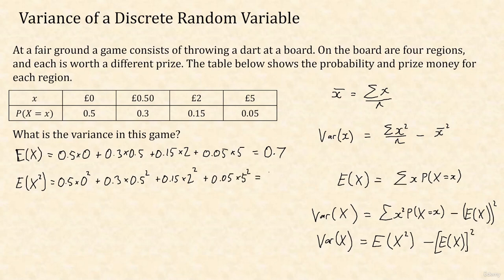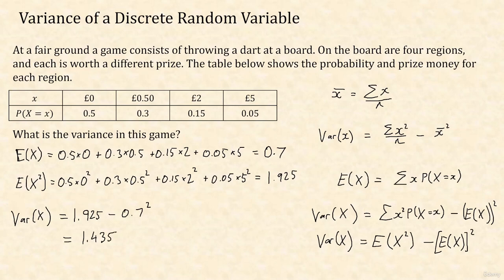When I do this, I get 1.925. So the variance is simply going to be the expected square minus the expectation squared.